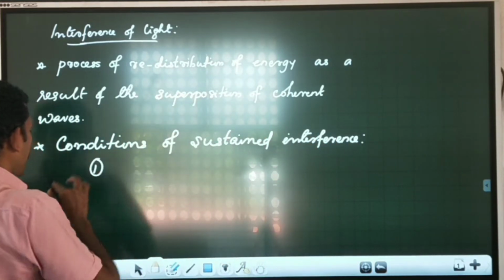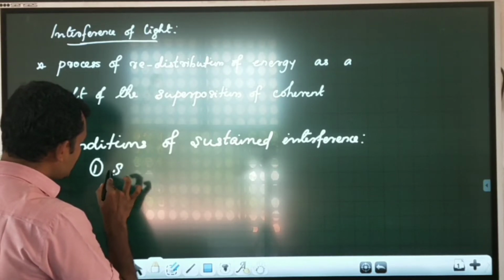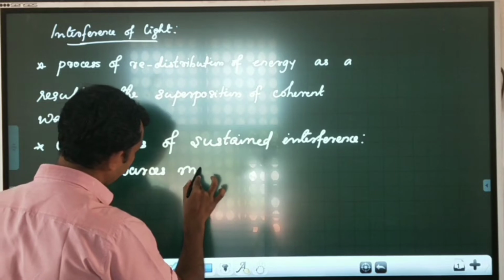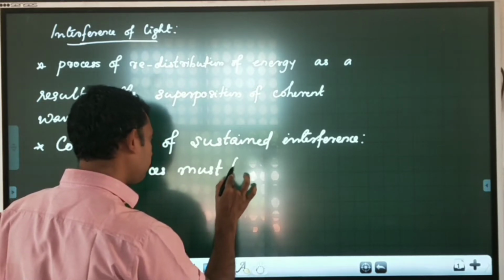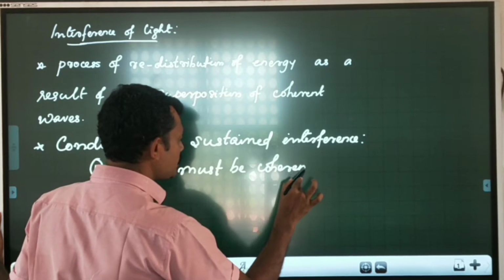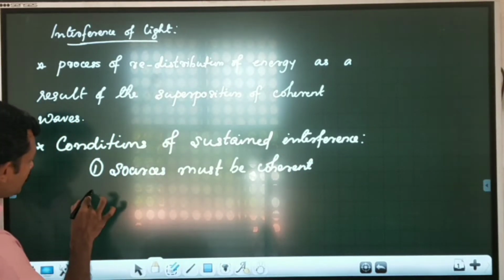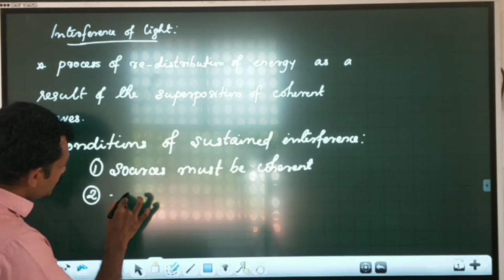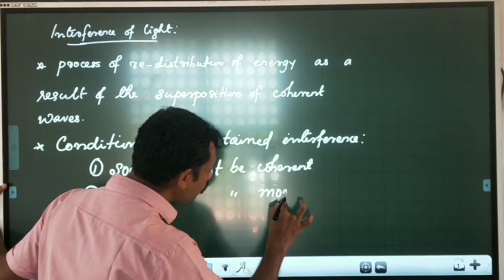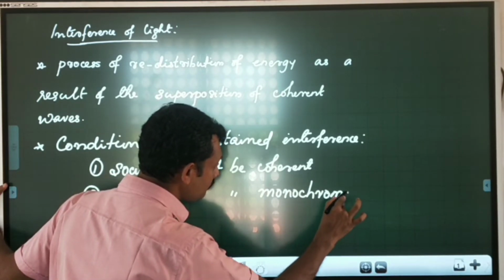The most important condition for sustained interference is that sources must be coherent. This is the most important condition of sustained interference. The second condition is sources must be monochromatic.